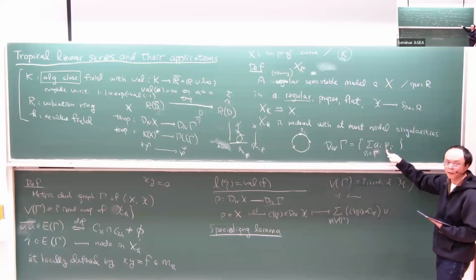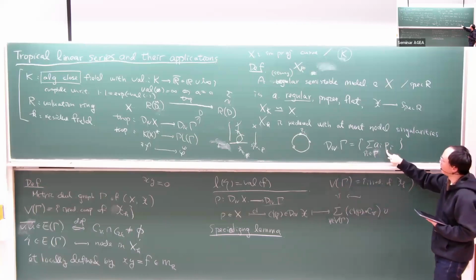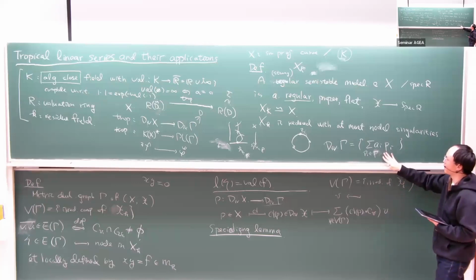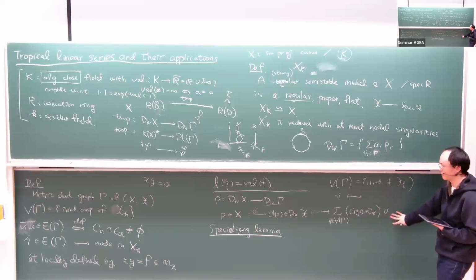But then there are two things different. Pi and V live in different things. The vertex is also a point on the metric graph. A general divisor may not be supported on the set of vertices, but the image of this specializing map is supported on the vertices.